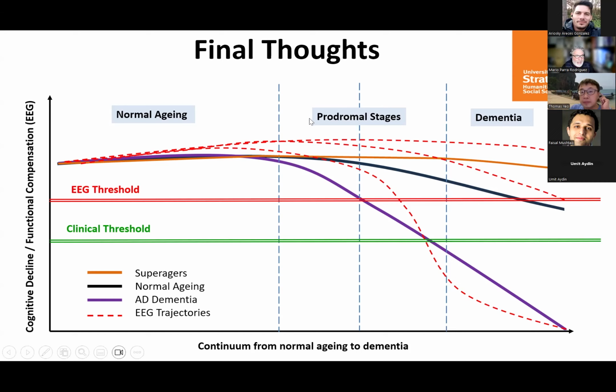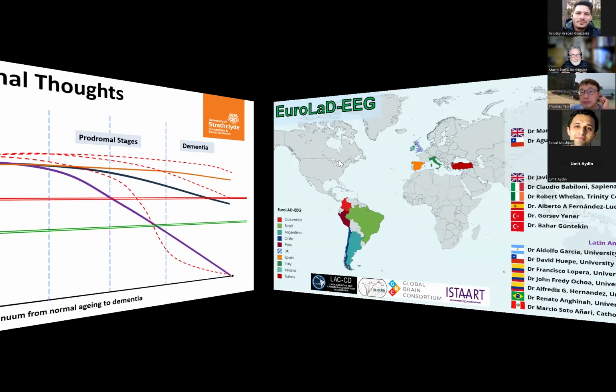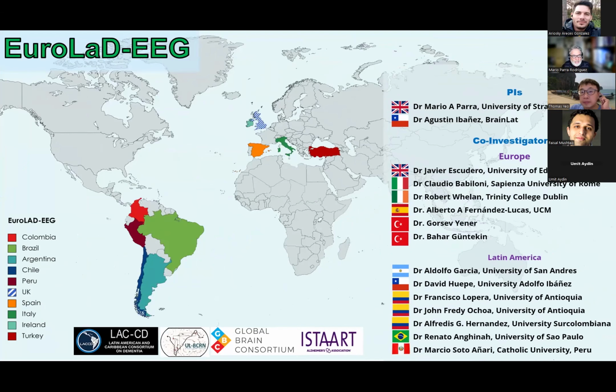I would like to highlight particularly this area here, where the clinical threshold has not been reached, but there are significant physiological changes that could potentially inform about not only the risk of developing the condition, but also the progression of the condition, providing a tool not just for prediction and early detection, but also for monitoring disease progression.